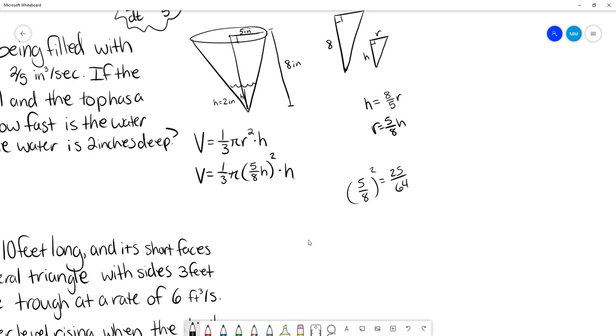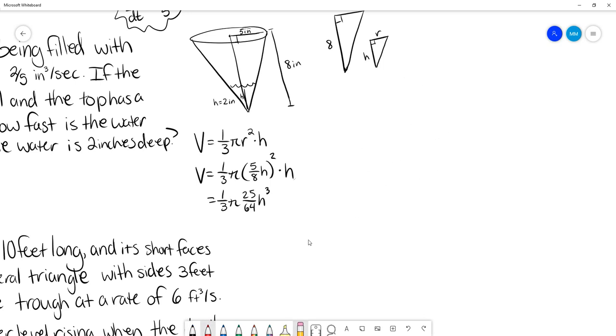So if I have 5/8 h squared, it is going to be this, and then times h. I rewrite this like so. H cubed, right? Because I've got an h squared times an h, so it's h cubed. Probably for the best that I combine that.